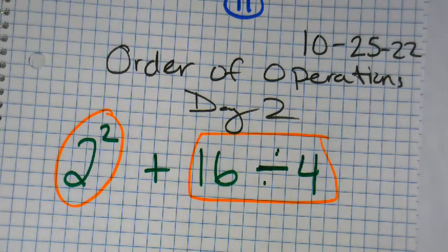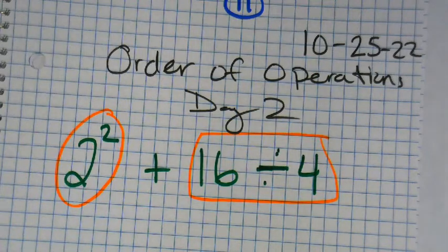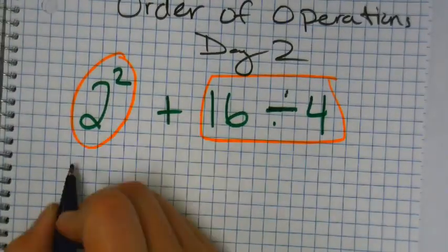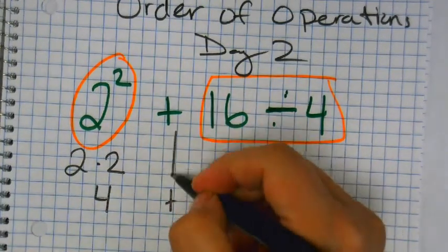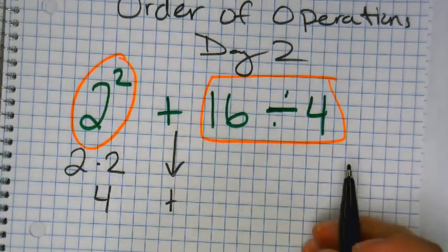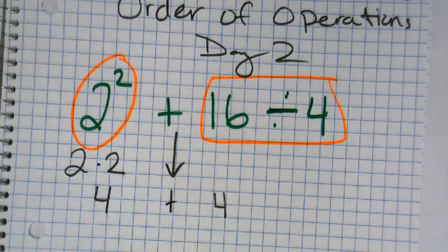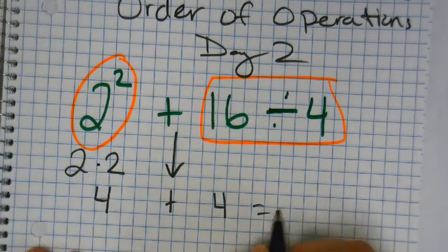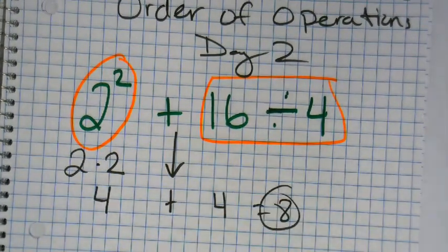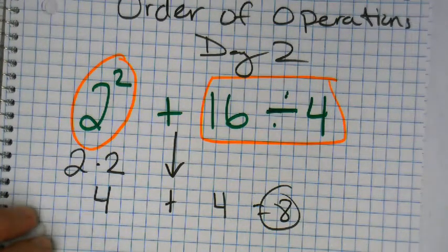What's 2 to the power of 2? 4, because 2 to the power of 2 means 2 times 2, so that gives you 4. Plus, what's 16 divided by 4? 4. And then at the end, what is 4 plus 4? 8. That is your answer. Starts off pretty easy. No big deal.